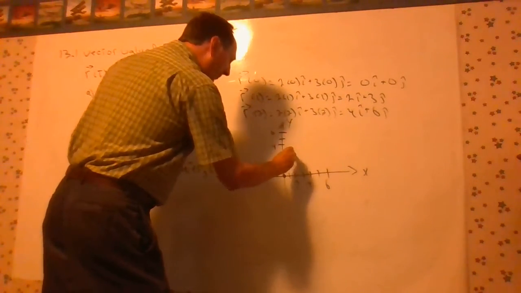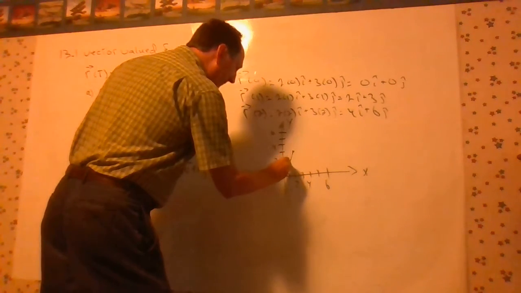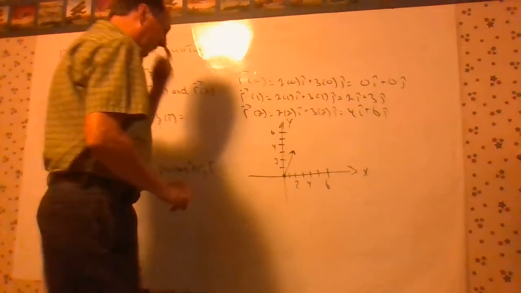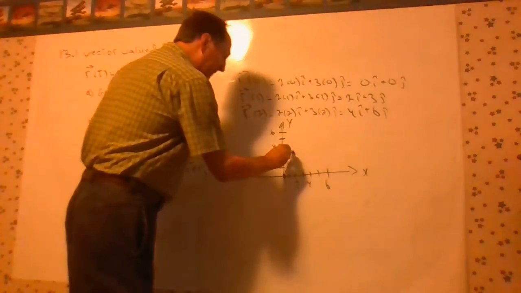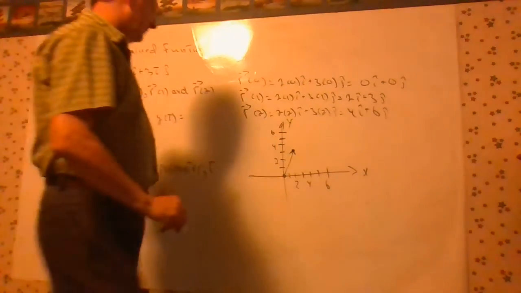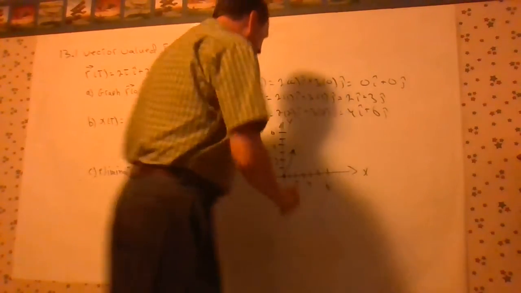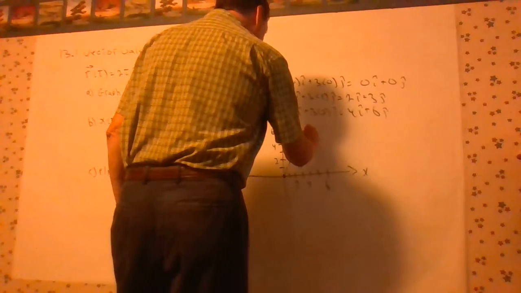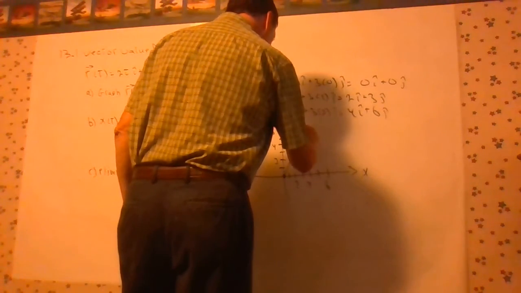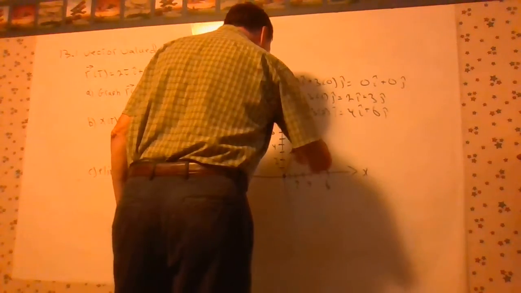You can start with a point there, but this is really a vector. It points us to this point. And for r of 2, 4, 6, over 4 up 6. My scale might be off a little bit.